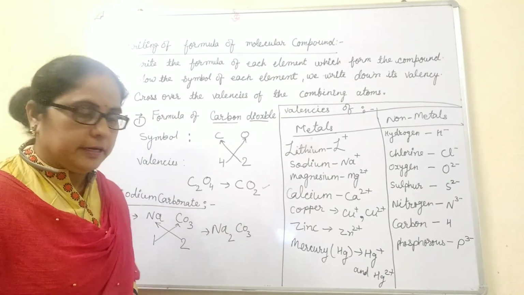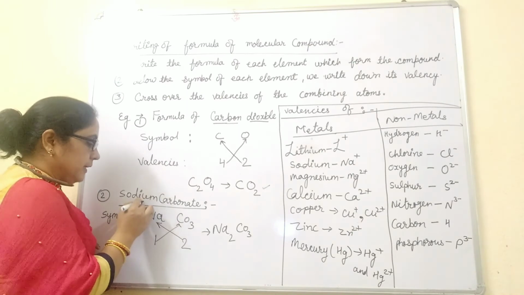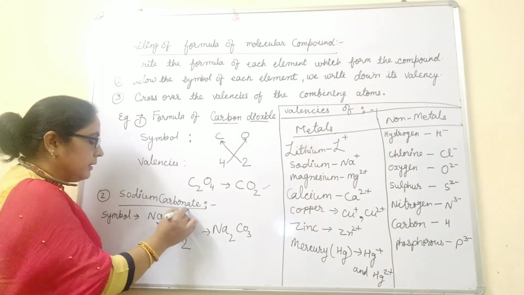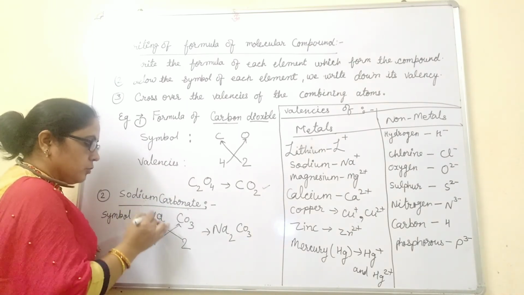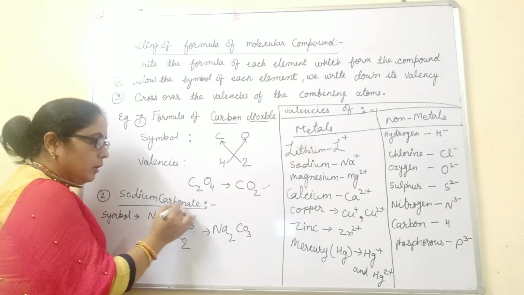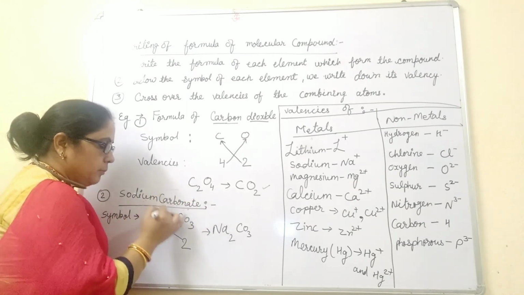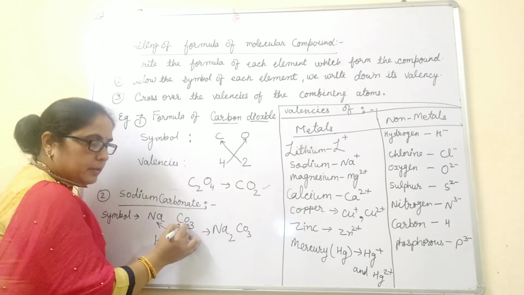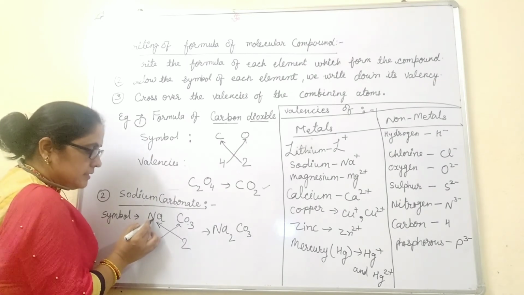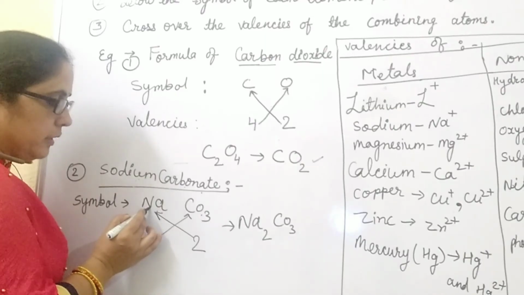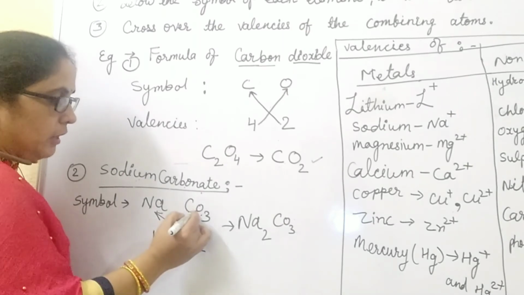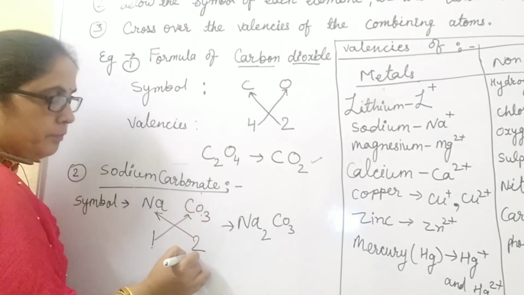In sodium carbonate, 2 things are present. One is sodium and the second is carbonate. We will first write the symbol of sodium, that is Na, and the symbol of carbonate is CO3. Now we write the valency of sodium. Valency of sodium is 1 and valency of carbonate is 2.